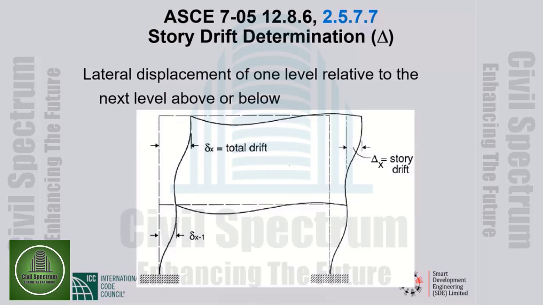We will start with what is commonly referred to as drift check, which is an integral part of seismic design by ASCE 7-05 or BNBC 2020. The interstory drift has to be kept within tolerable limits.